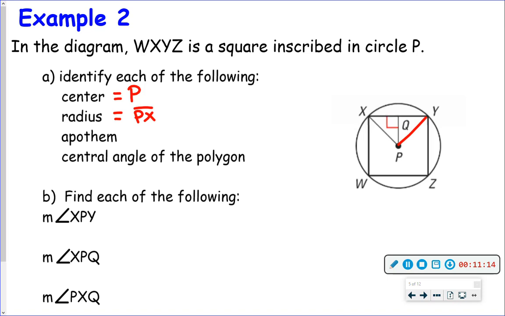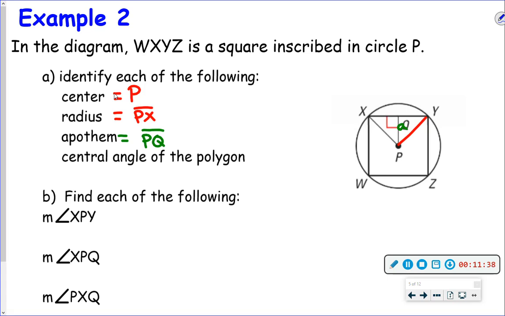All right, apothem. Now, I'm going to do that in green since that's our new exciting thing we're going to use today. Apothem, remember, goes from the center to the middle of a side. So what's the apothem? P to Q. I'm just going to put an A to label it. Okay, central angle.